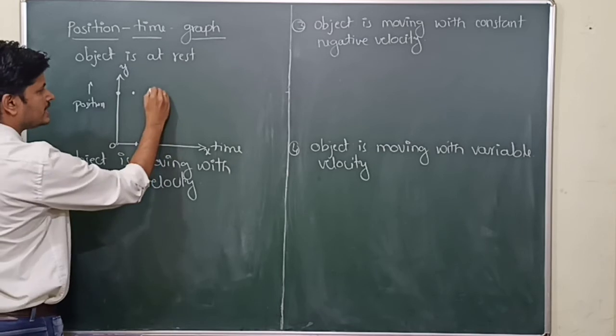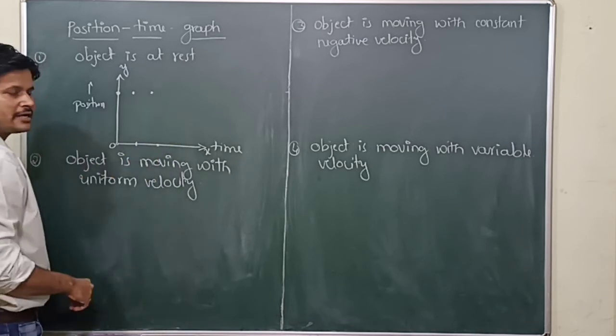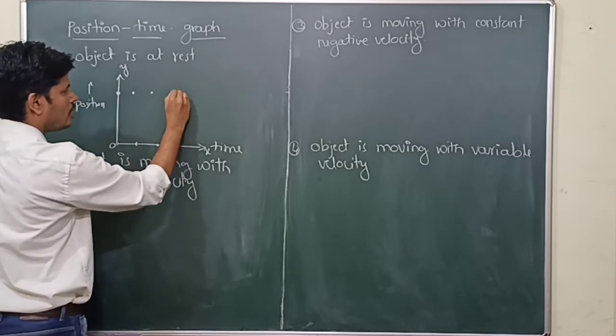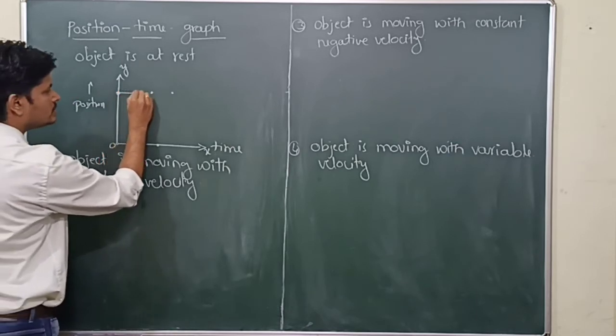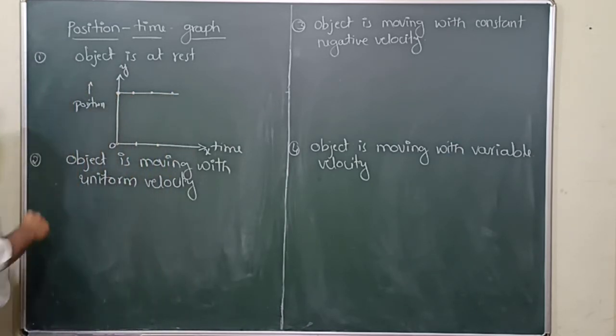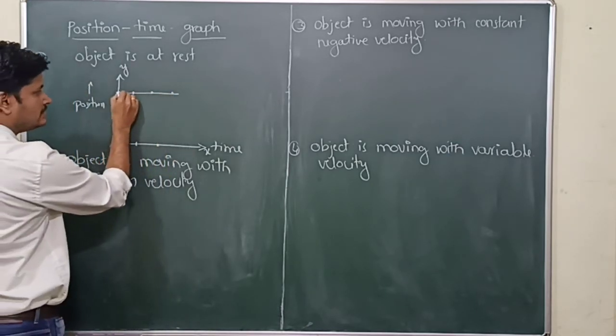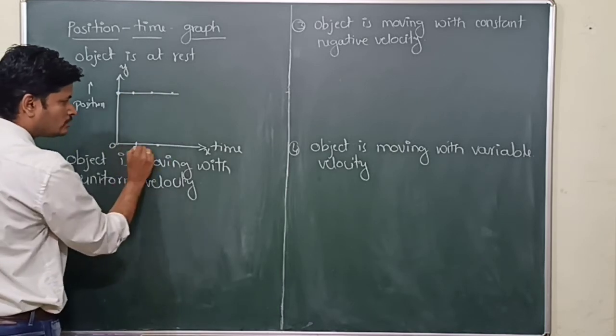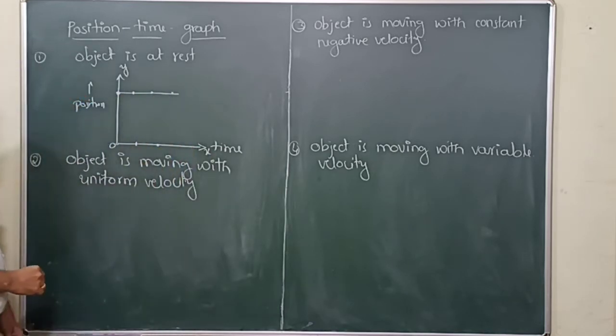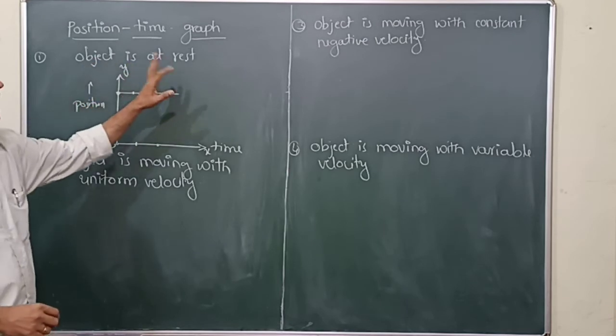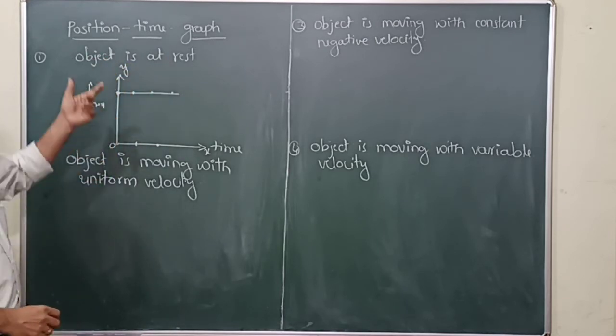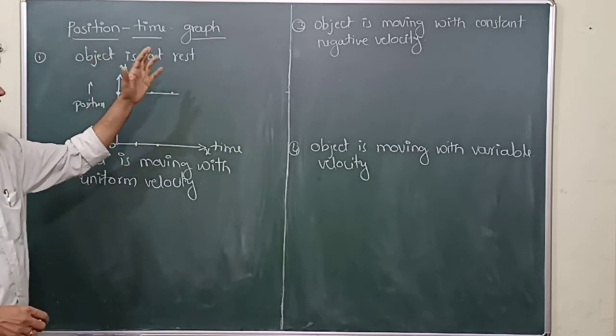After 2 seconds, the object is here. After 3 seconds, the object position does not change with respect to y. That means this line is parallel to the x-axis. This is the position time graph for an object at rest.